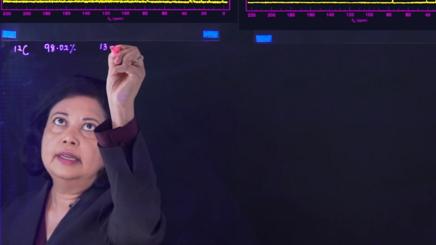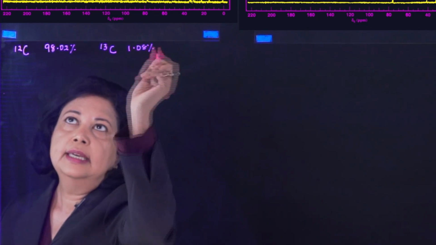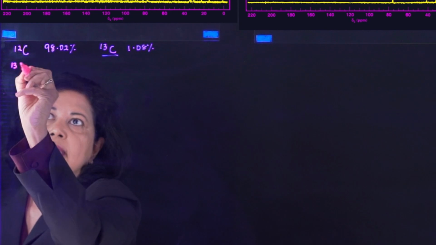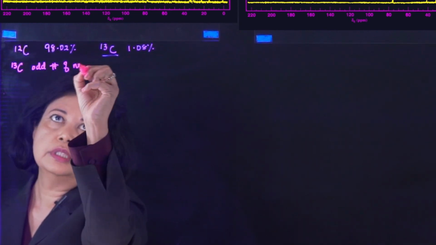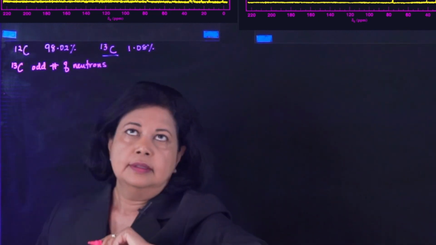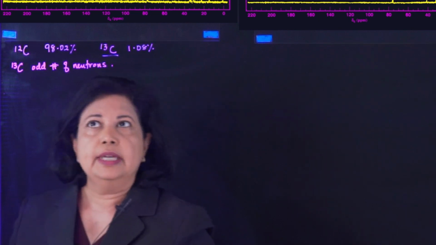Carbon-13 out there in nature is 1.08%. This carbon-13 has an odd number of neutrons, and when you place it in a magnetic field, it will have different energy states.